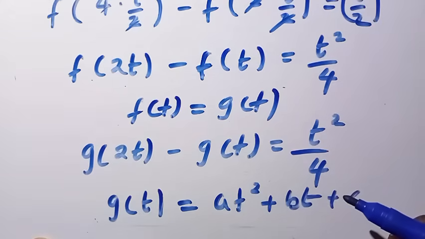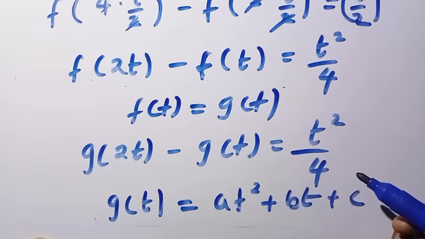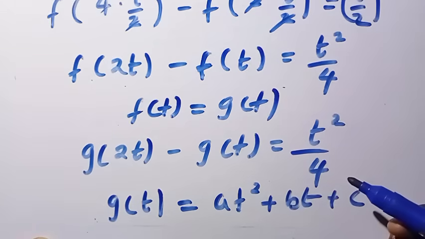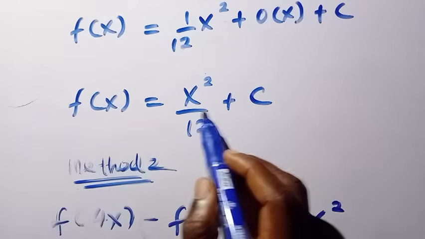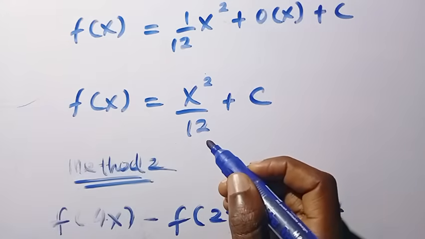We can also verify that the left hand side and the right hand side are equal by substituting the value of f(x) that we got back into the given function, and we are going to get the result.